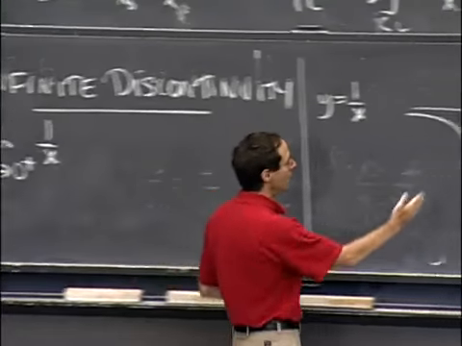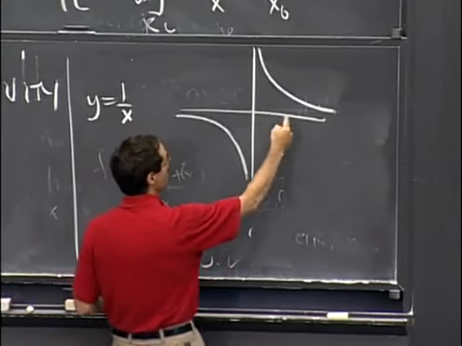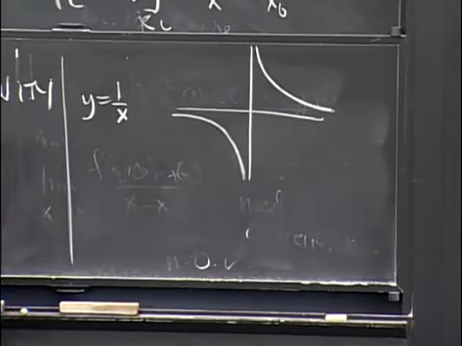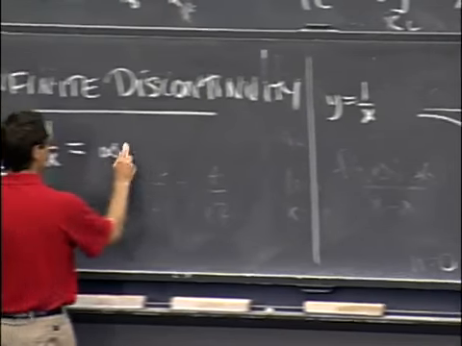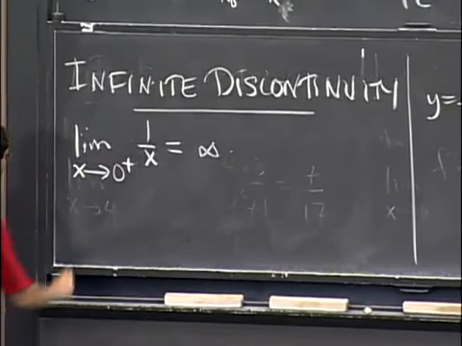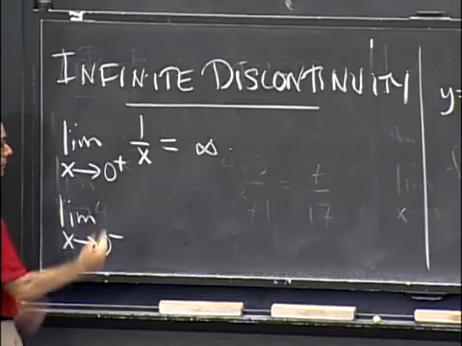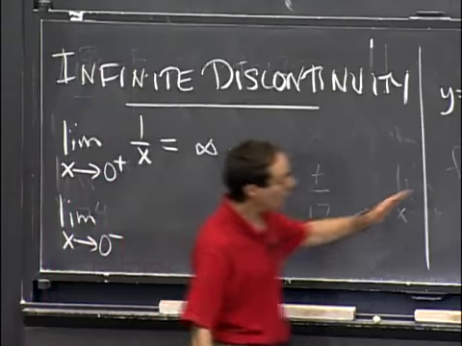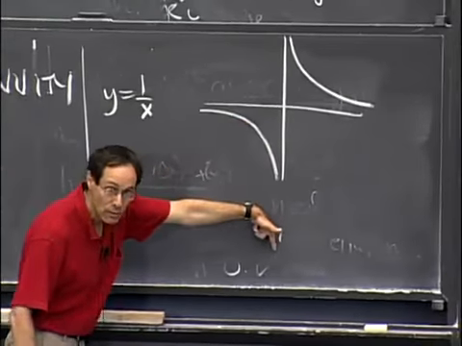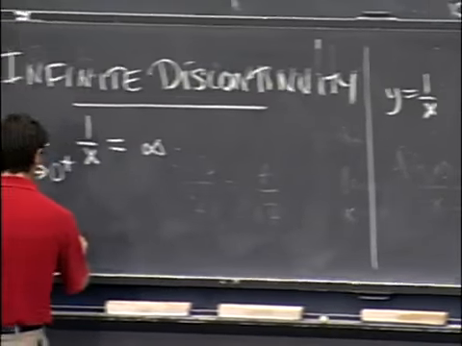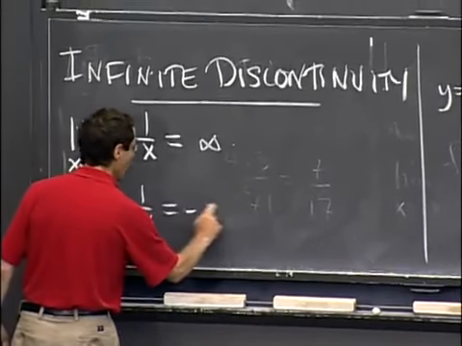Well, that's coming from the right, and it's going up. So this limit is infinity, whereas the limit in the other direction from the left, that one is going down, and so it's quite different. It's minus infinity.